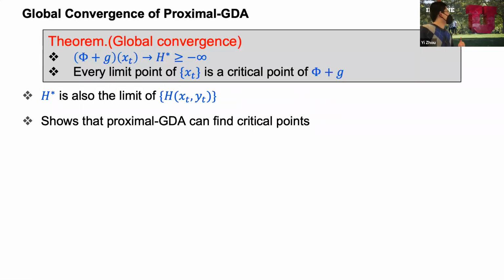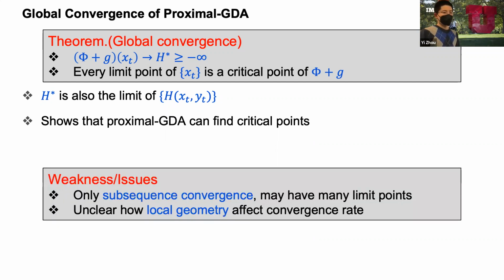So in the next result, by further leveraging these previous asymptotic stable properties, we can prove that every limit point of this sequence converges to a critical point of this minimax objective function phi plus g. This result only shows the convergence of this algorithm and does not show the convergence rate.